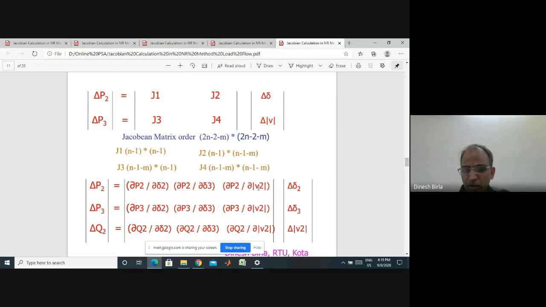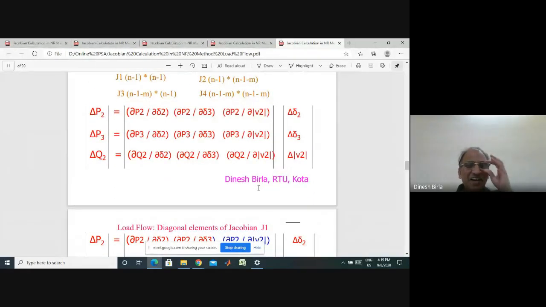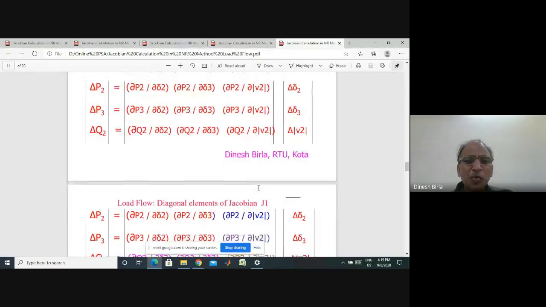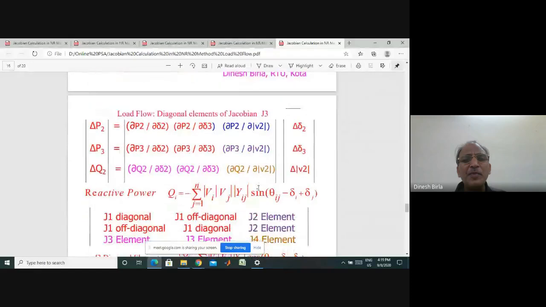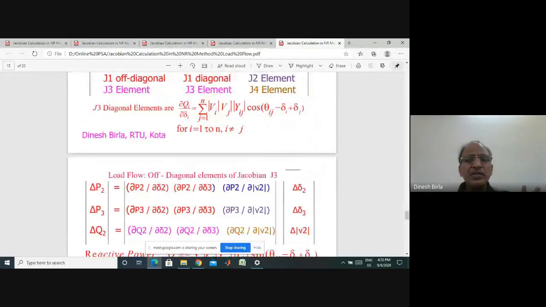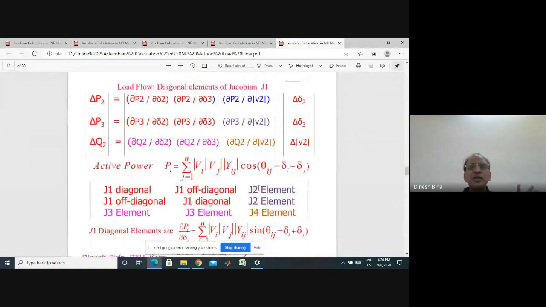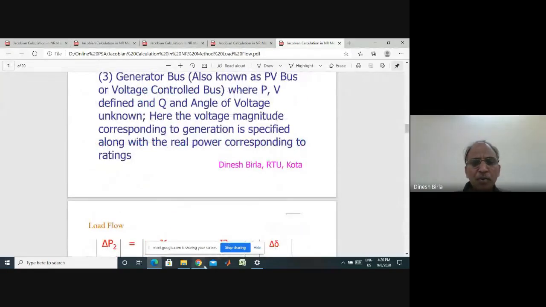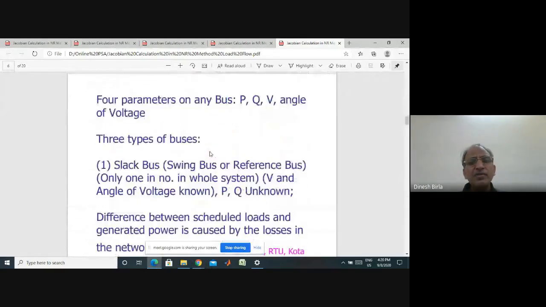Okay, fine. I have tried to put all the diagonal and off-diagonal elements for each Jacobian here to make things pretty simplified. Just try to see it. We will see it in the next lecture, and I hope you could follow many things in this lecture.